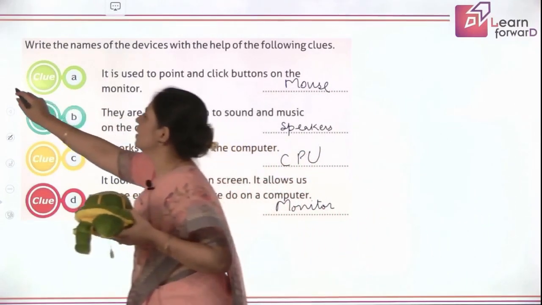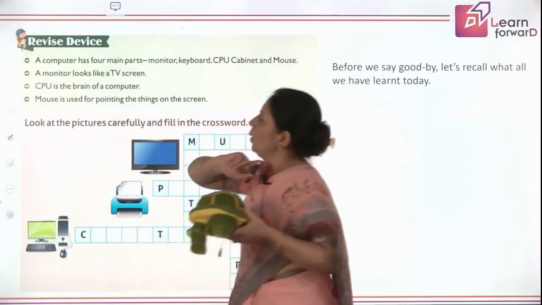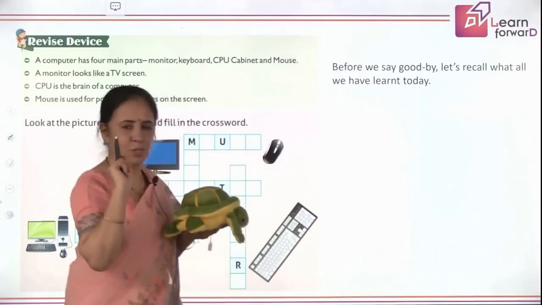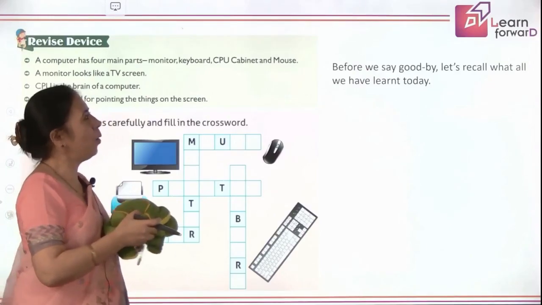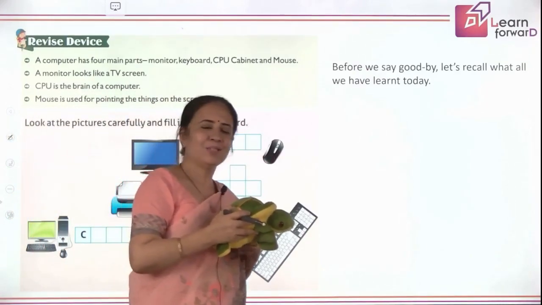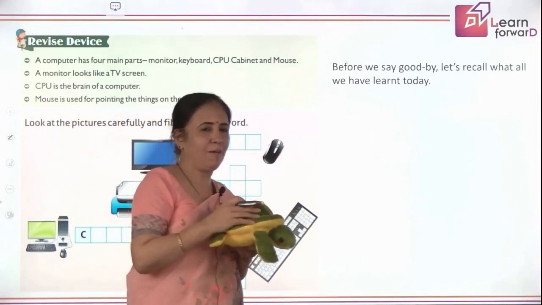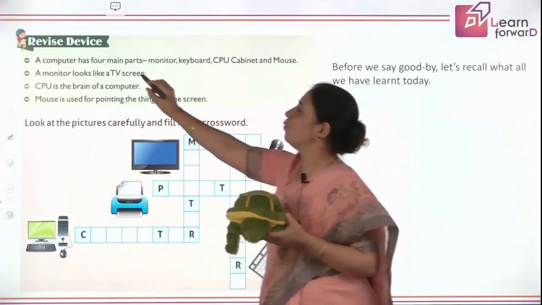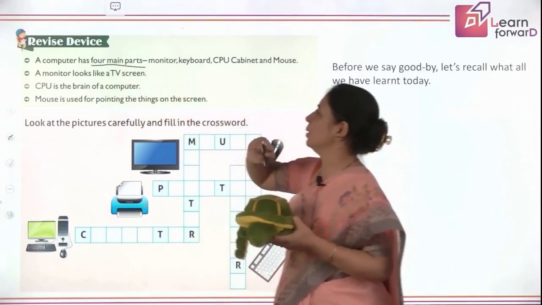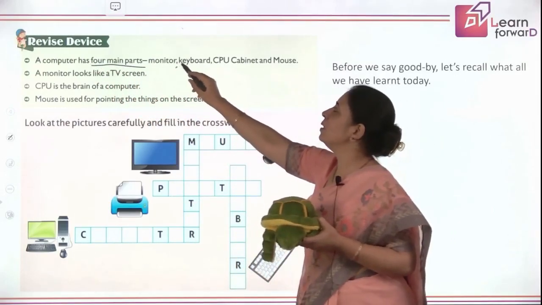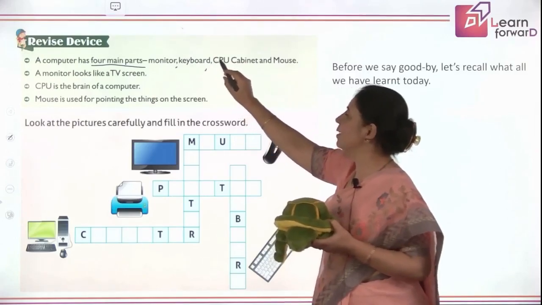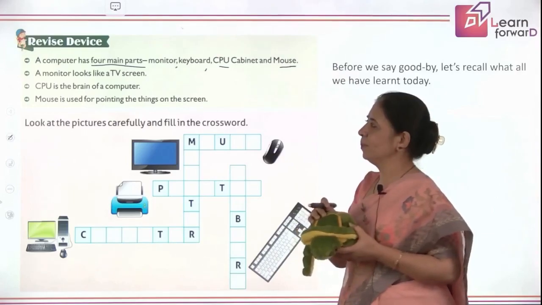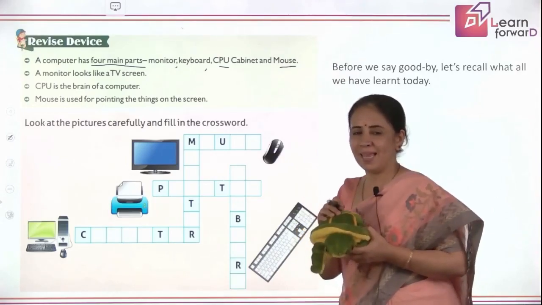Let's see what's next. Oh, time to revise. It's very nice. So, I hope you enjoyed the session. And now, before we say goodbye, let's recall what we have learned so far. So, the main thing that we learned today is that the four parts of the computer, they are monitor, keyboard, CPU cabinet with a mouse, and monitor looks like a TV screen.